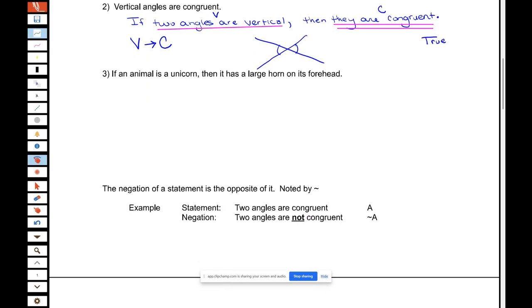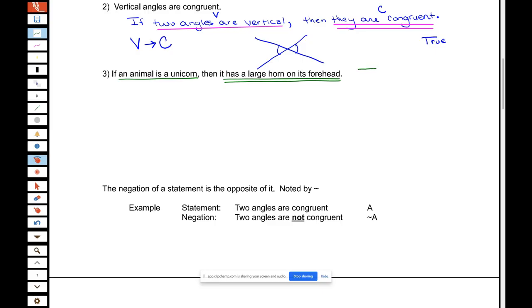All right. If an animal is a unicorn, then it has a large horn on its forehead. An animal is a unicorn is the hypothesis. Having a large horn on its forehead is the conclusion.